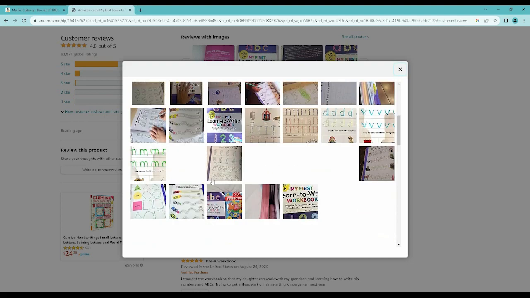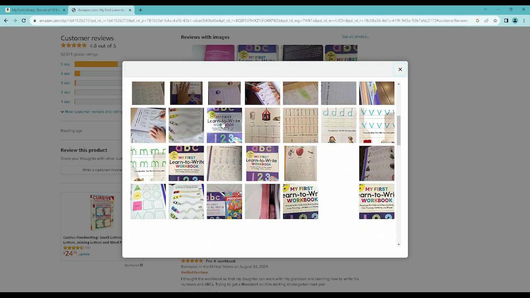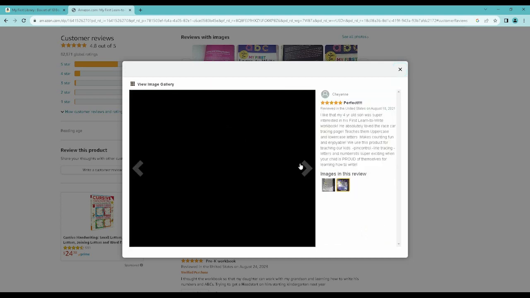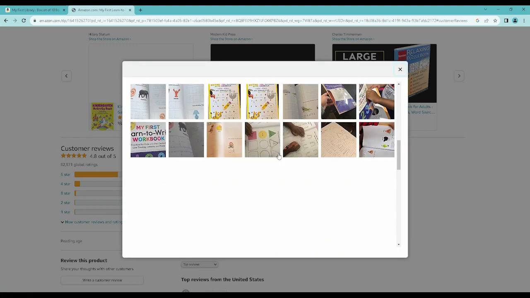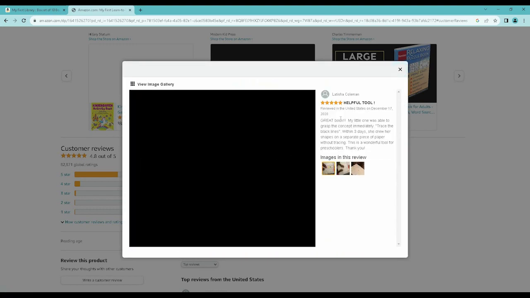Generate your idea from the pictures shown, customer reviews. Really well, this book, and your generated idea here is more helpful. My network is a little bit slow, it isn't showing pictures, but here it shows pictures.